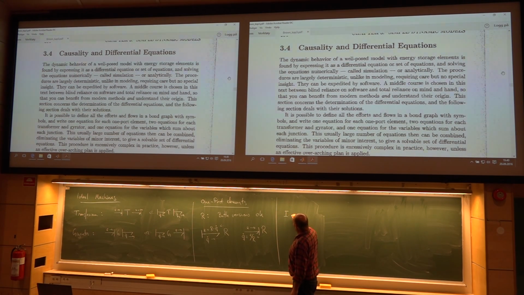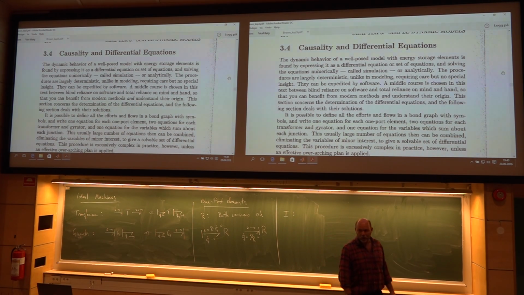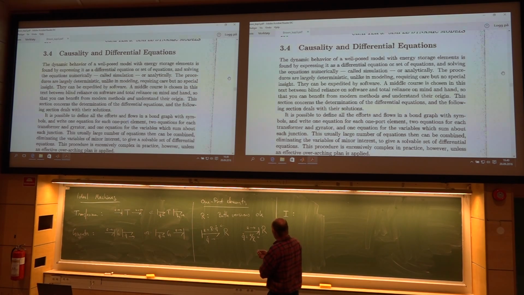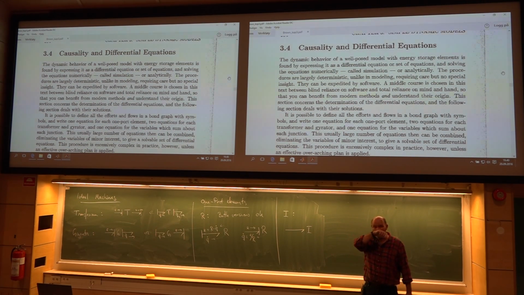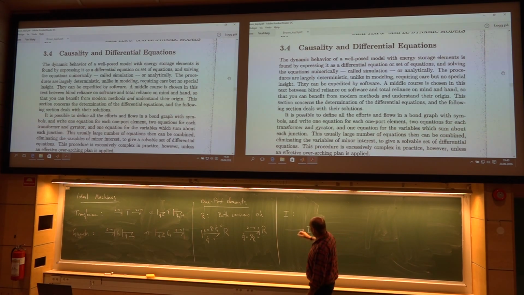Then we have inertance. And it's here we find our differential equations for the inertance and the compliance. The inertance: we have one that we prefer and one we don't like. So let's take the one that we like first. So here we have now the effort, also called the P dot.